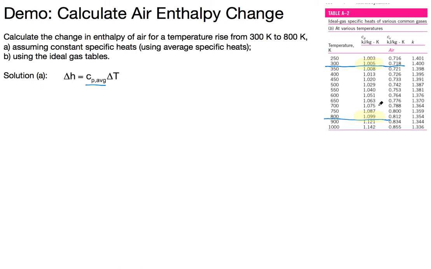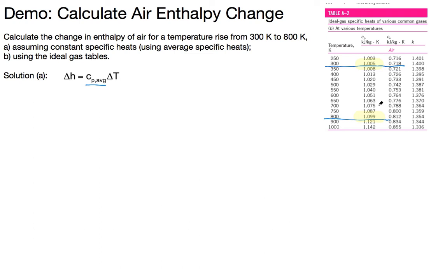There are different ways of finding the average. Certainly you can find the specific heat at these two temperatures and then take the average of the two and use that as the average. Alternatively, you can use the constant specific heat corresponding to the average temperature and then use that as the average specific heat.